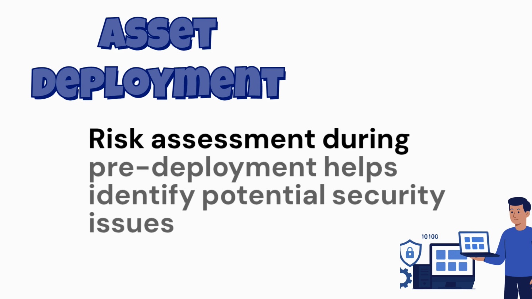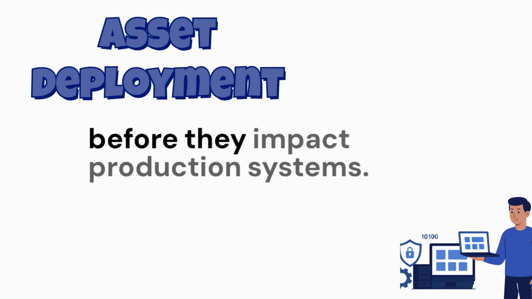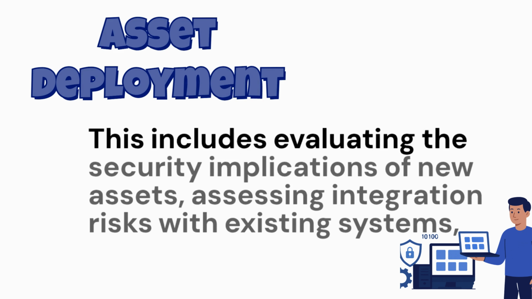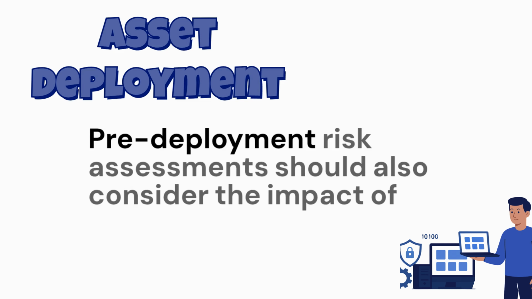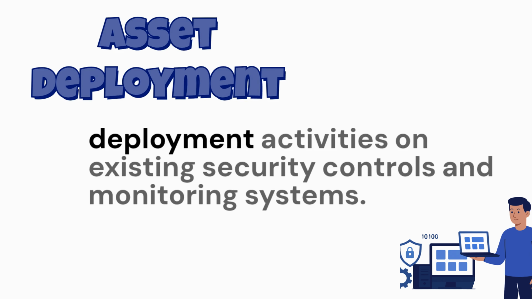Risk assessment during pre-deployment helps identify potential security issues before they impact production systems. This includes evaluating the security implications of new assets, assessing integration risks with existing systems, and identifying dependencies that might affect security. Pre-deployment risk assessments should also consider the impact of deployment activities on existing security controls and monitoring systems.